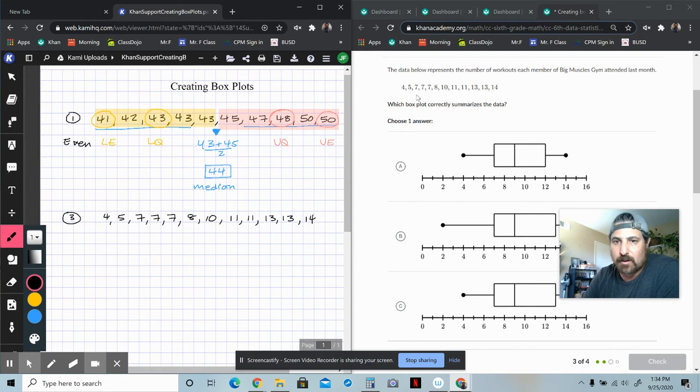We got 1, 2, 3, 4, 5, 6, 7, 8, 9, 10, 11, 12 pieces of data in our original. 1, 2, 3, 4, 5, 6, 7, 8, 9, 10, 11, 12 pieces of data in ours. So it should match perfectly. We're good to go. When it's a 12, it's going to be an even list again.